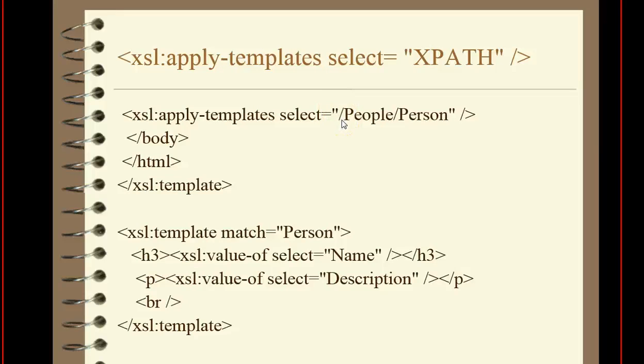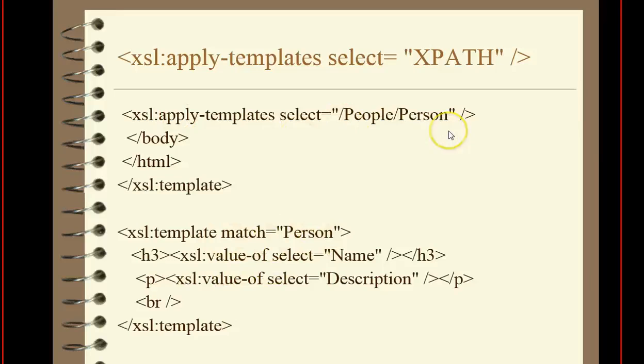The root node is person. It has, I think, 3 people, and I think it has 3 person child nodes, and then each person has a name and a description. Okay? So you can see that this is the first match, and it's going to then grab the, I'm sorry, this is the thing that invokes the template for person.